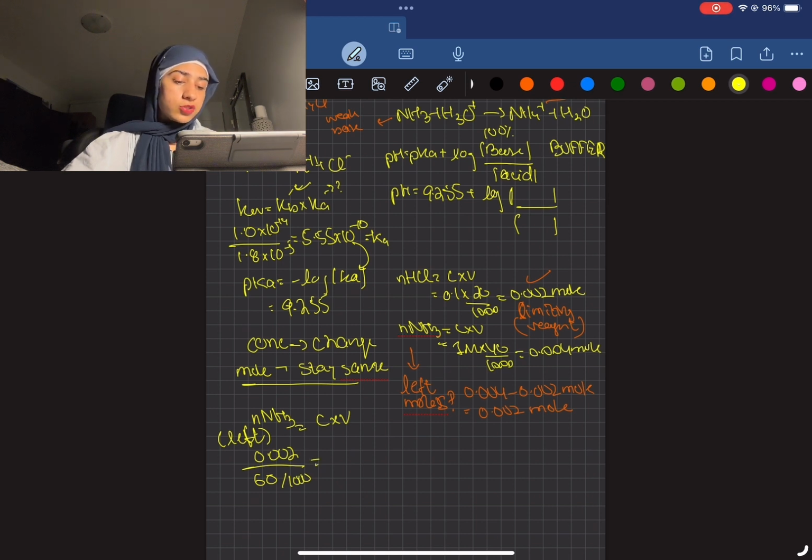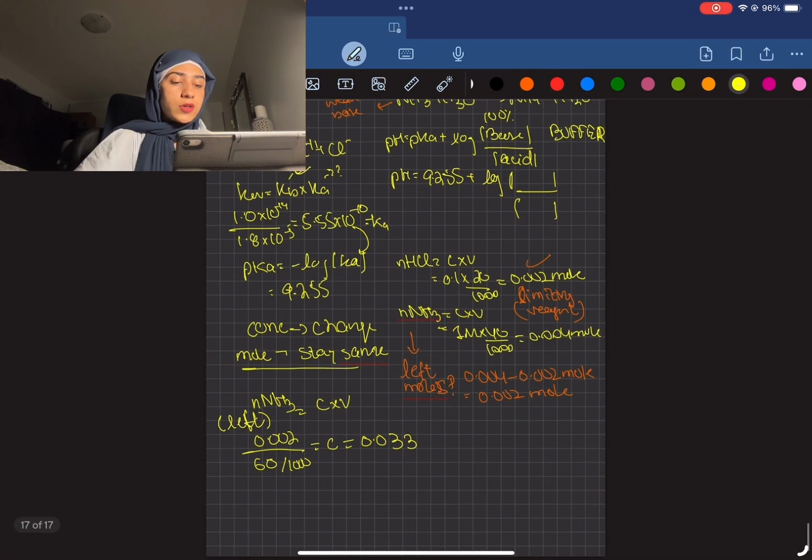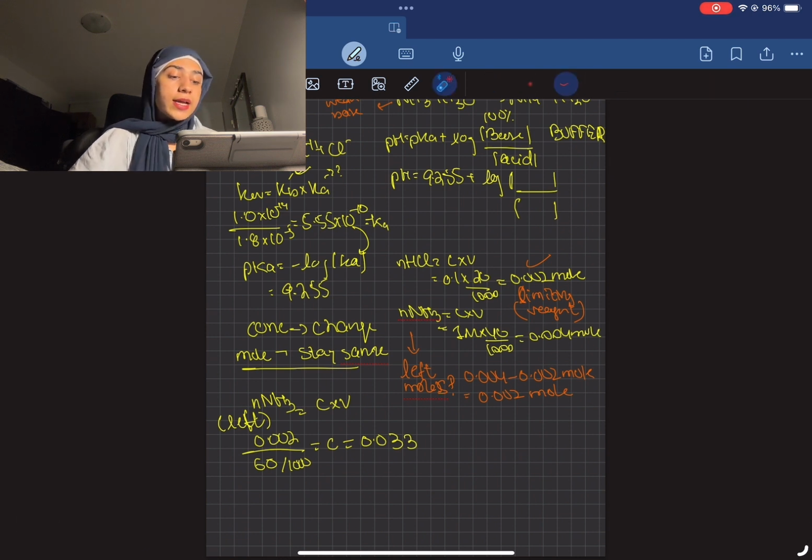I'll get the concentration, which would be 0.0033, I guess. Yeah, so I added the volume up because I added my HCl to my base, so 20 to my 40. That's how I get my 60.